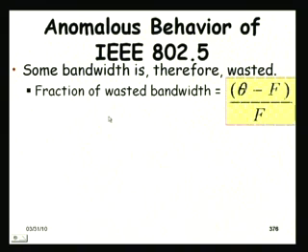And the fraction of wasted bandwidth, which we had seen earlier also, is (theta minus f) by f. So, every f, that is the frame transmission time, theta minus f is wasted. See, if theta was smaller than f, then every f time one frame would be transmitted, but now every f it is idling for theta minus f.